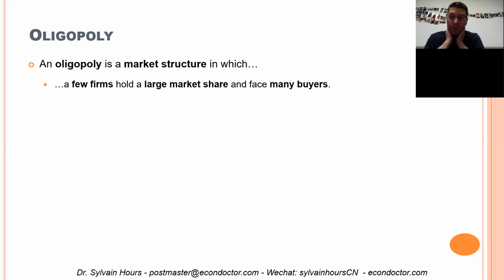Actually, in an oligopoly, you may very well have many firms. It's possible that you have 200 firms in an oligopoly. What matters is not how many firms you have in total, but how the total market share is divided between firms.